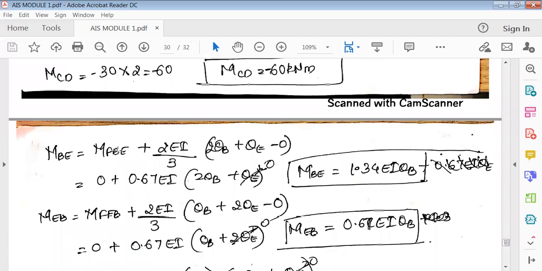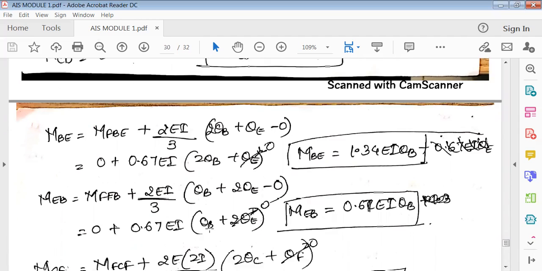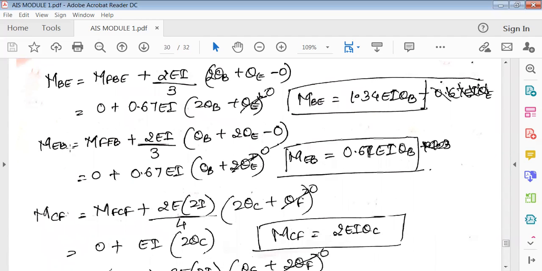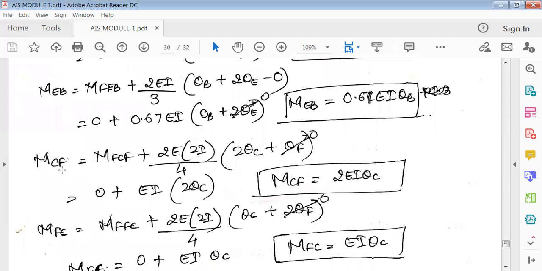So MBE is equal to, substitute all the formula, and theta is 0 here. In those two joints there exists only theta B. Similarly, MEB is theta B plus 2 times theta E, which is equal to 0. So MEB is equal to only theta B values. Next, MCF.